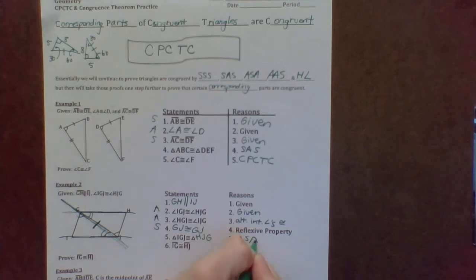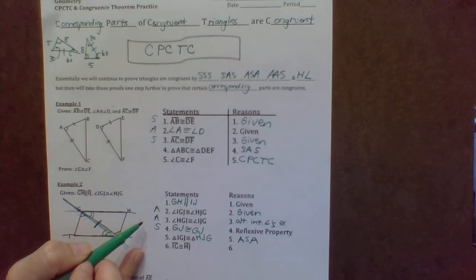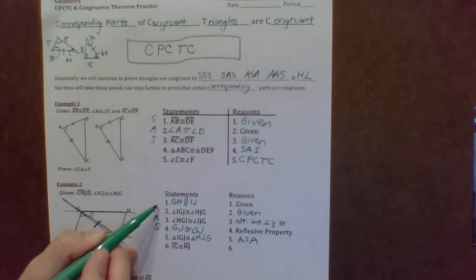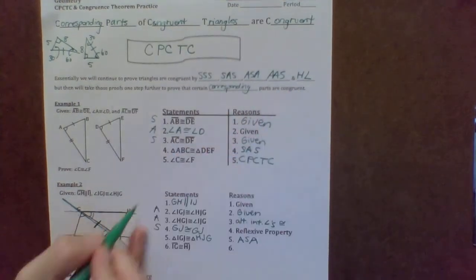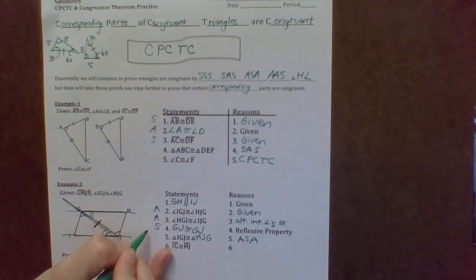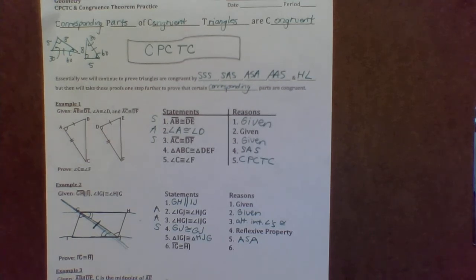So this little tactic here that I've written out of listing what I have is not necessarily going to be the order of the theorem that we're going to use. It's just going to help us to determine which one of these up here can we use. Like, for instance, we can't use SSS because we don't know that the 3 sides are congruent. Okay, so after you've proved that triangles are congruent by ASA, we're going to go one step further.